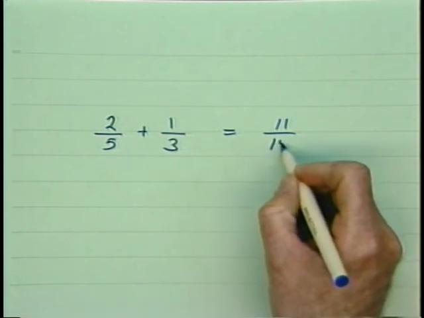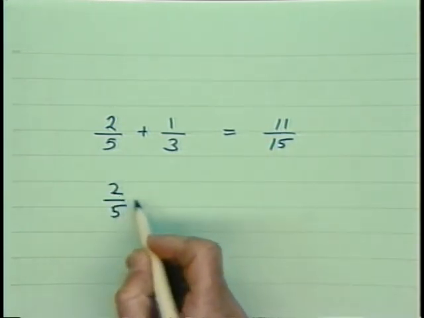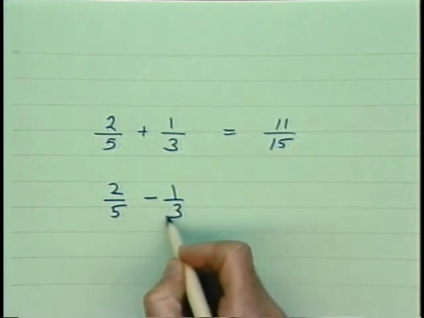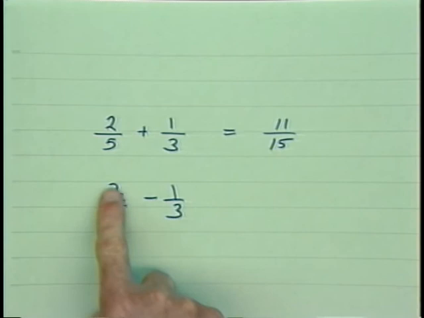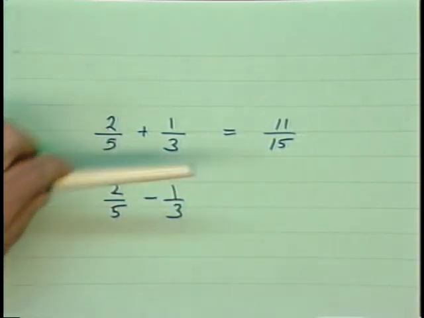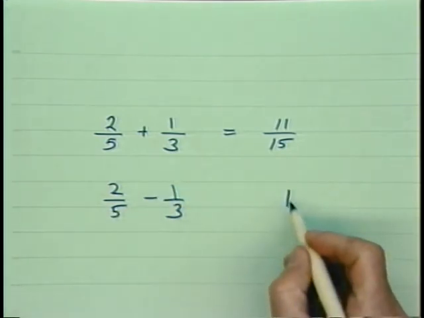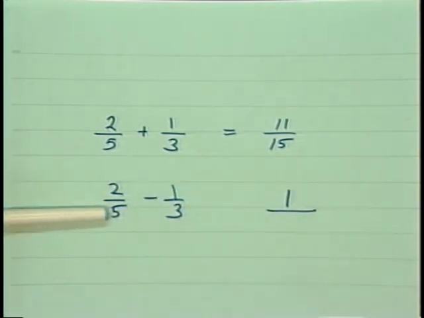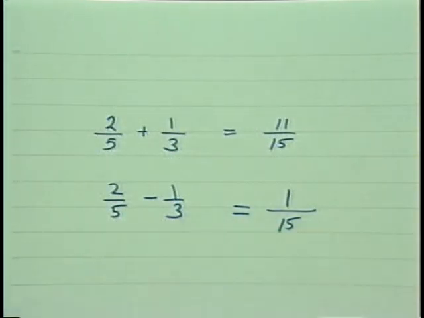Not at all difficult, is it? Now if I had had a subtraction instead, the same pattern, except I subtract from the down diagonal the up diagonal. So this is going to be 6, subtract 5, that's 1 over 15. You might practice that a bit. If you find that you like it, then remember it and use it.